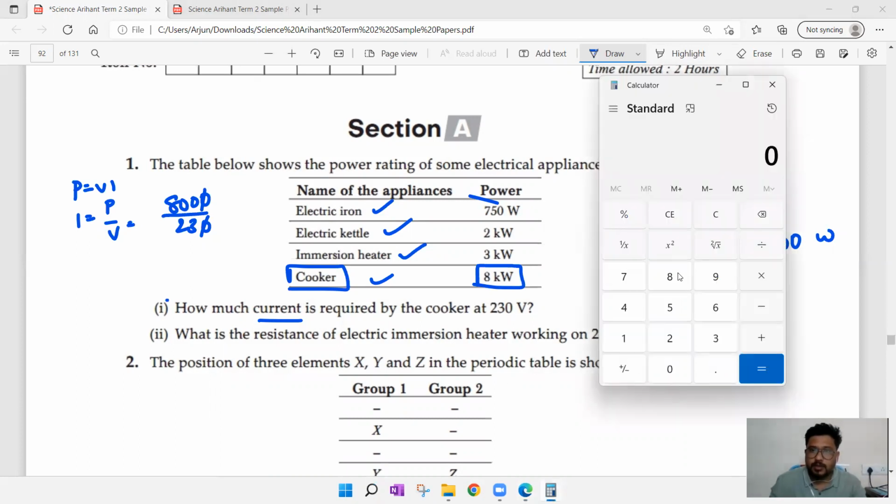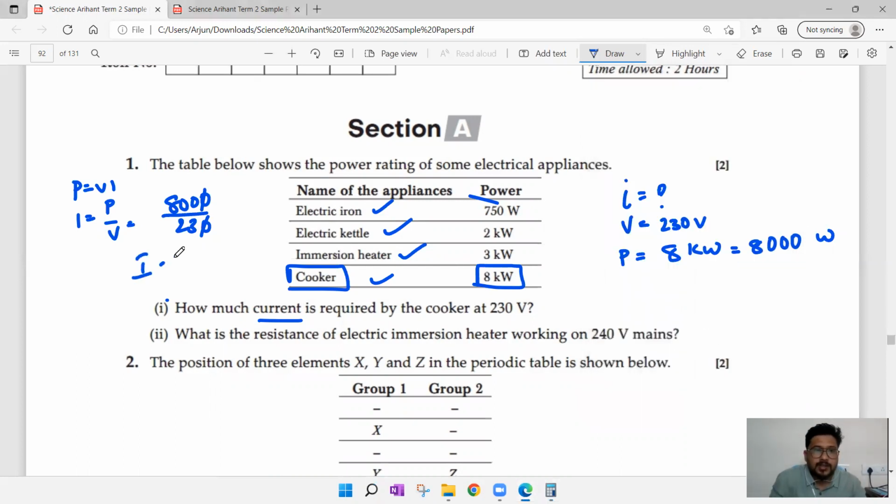If you see, 800 upon 23 is nothing but 34.7. So we got the I value as 34.7 amp.